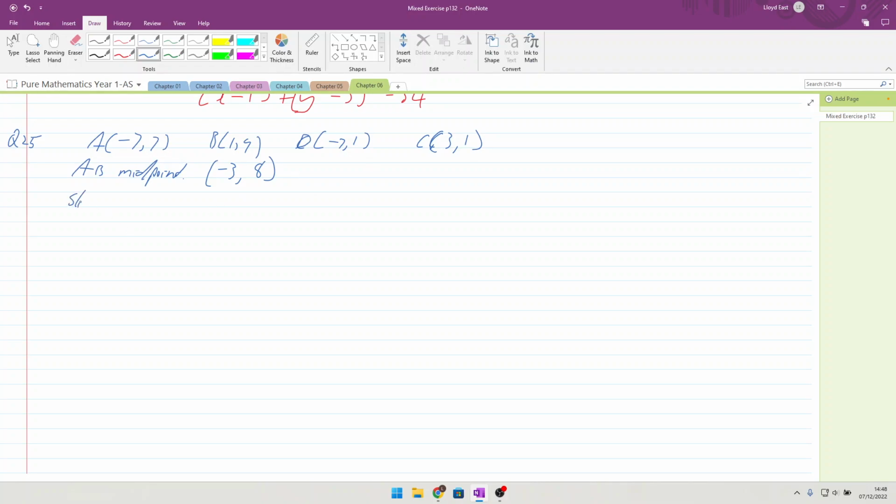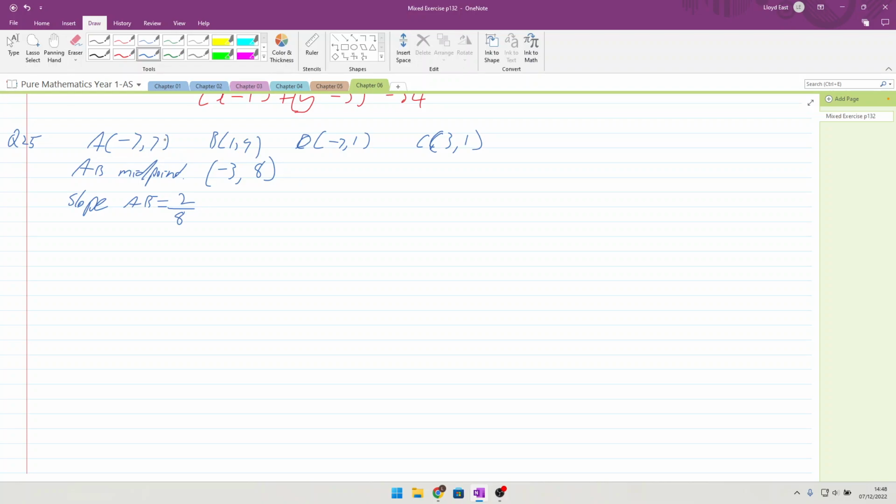Okay, the slope of AB is the difference of the y's over the difference of the x's. The difference of the x's, from minus 7 to 1, is 8, and the difference of the y's is 2.